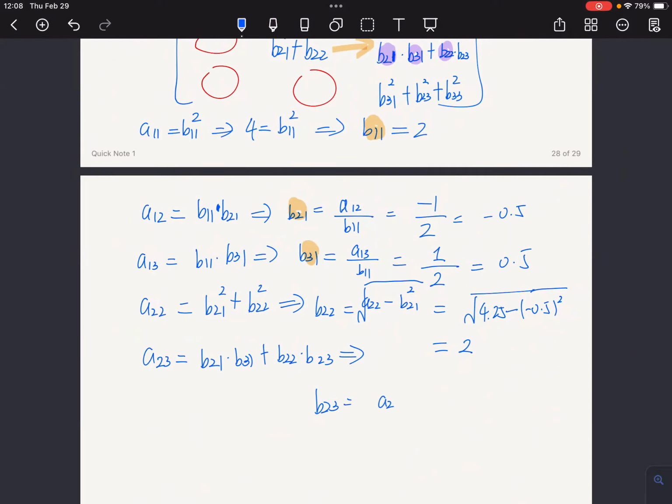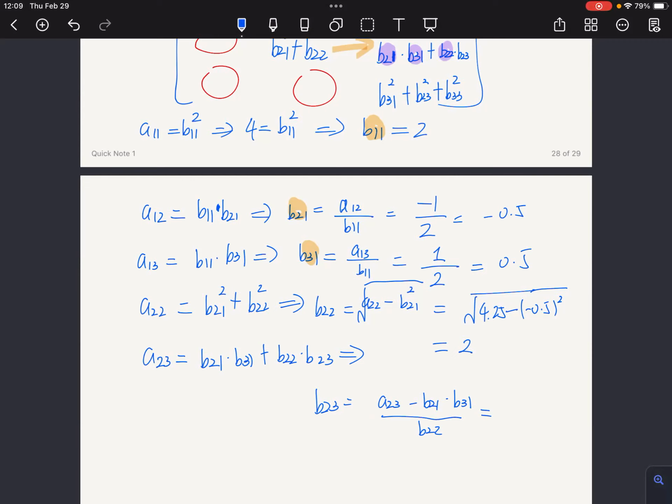And then it equals to A23, subtract the B21, B31, and divided by the B22. And we don't need to take any square root here.